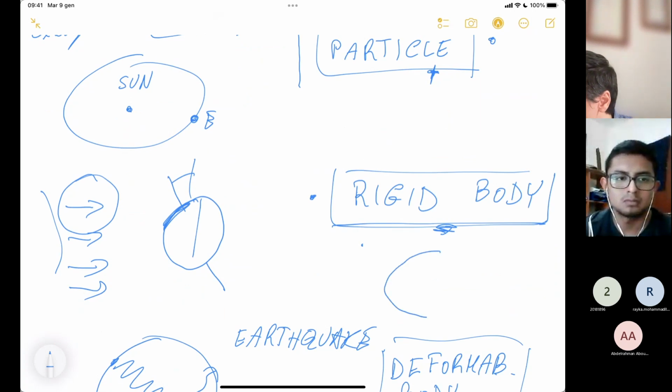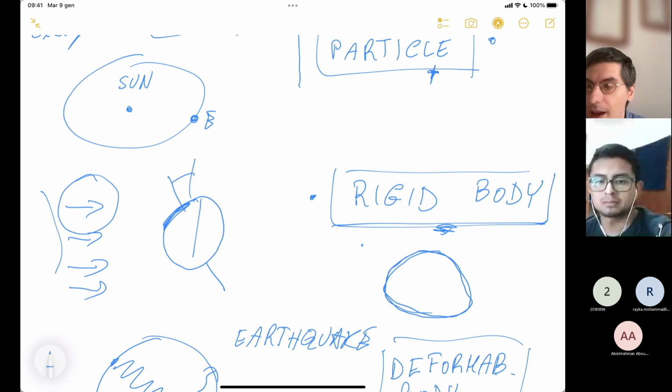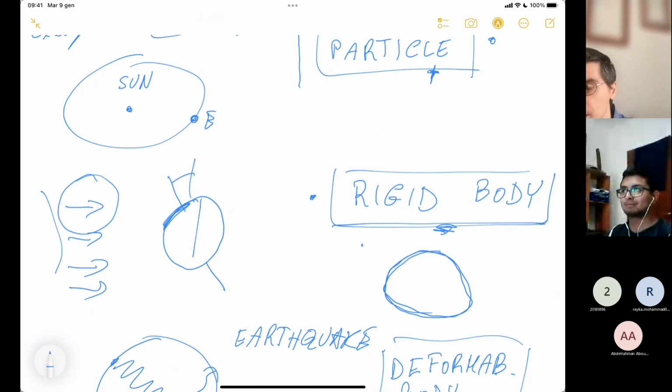It's more like a potato than a sphere. If you saw the Earth from the moon, for example, you are not able to see the difference between the real shape and the sphere.